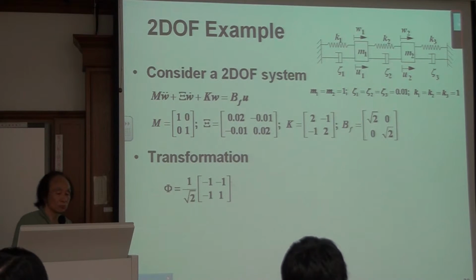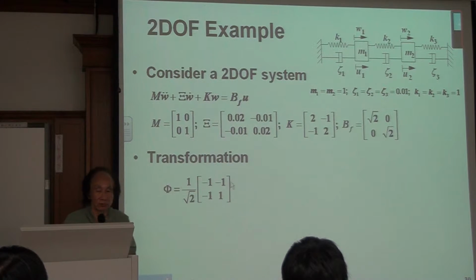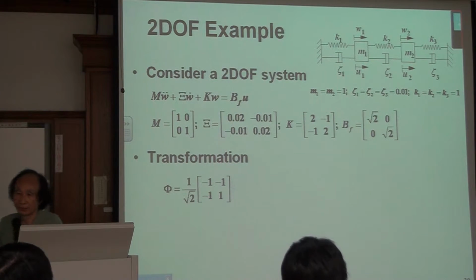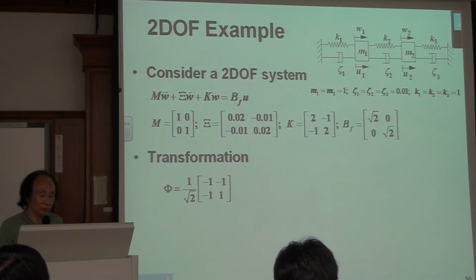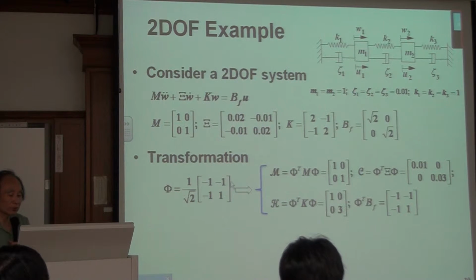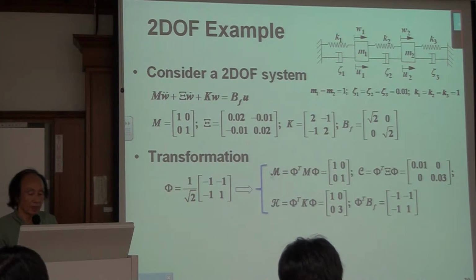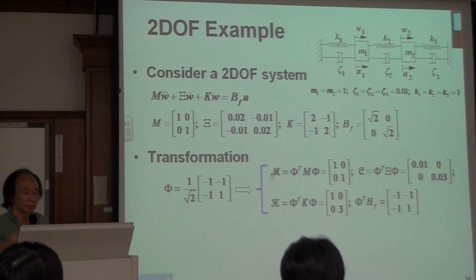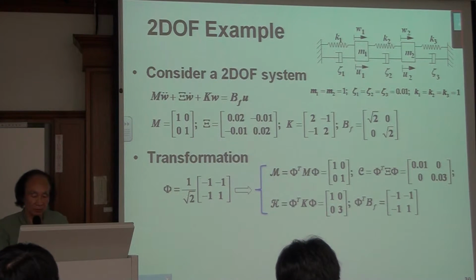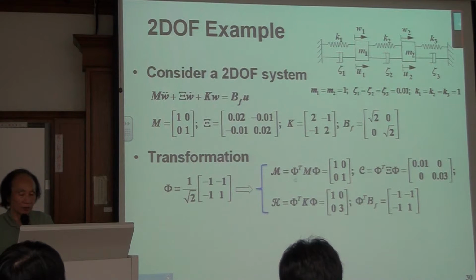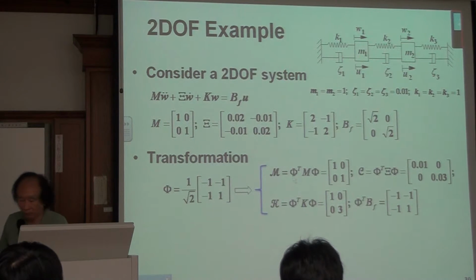Transformation: assume we have this phi, the transformation matrix. I can transform M, zeta and K. You may wonder why I can use phi transpose here.